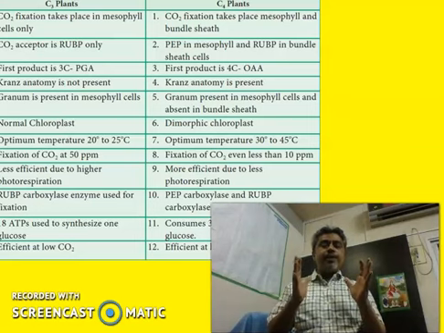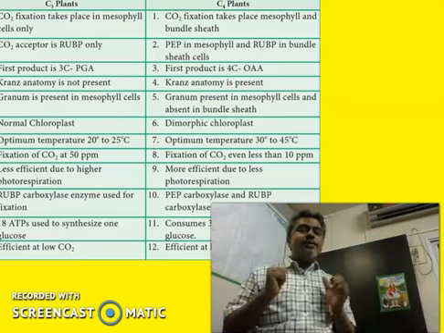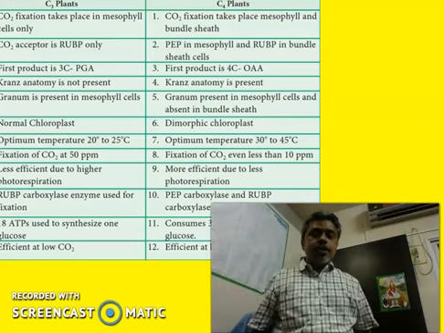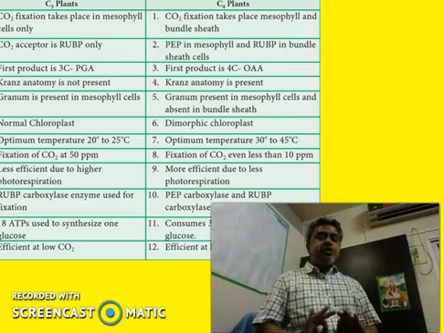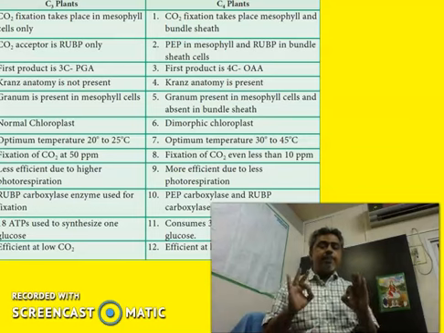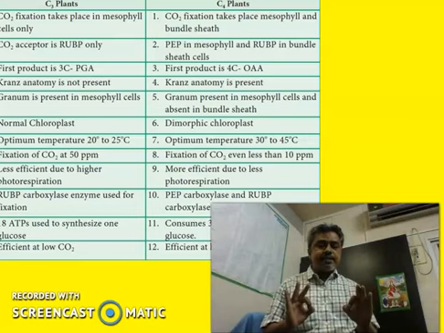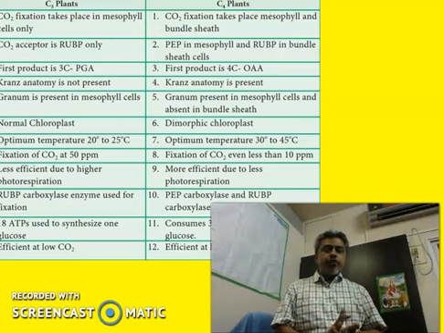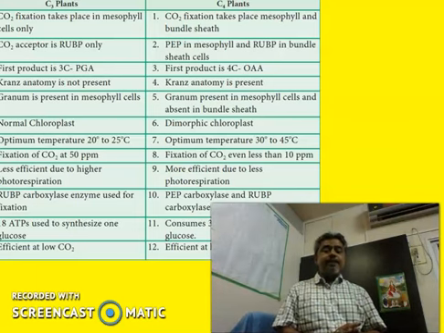The number of carbon atoms in phosphoglyceric acid is 3, whereas in oxaloacetate it is 4. Kranz anatomy is not present in C3 plants, whereas in C4 plants it is present.